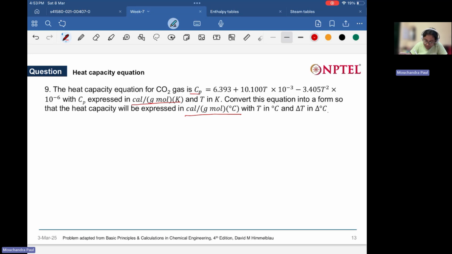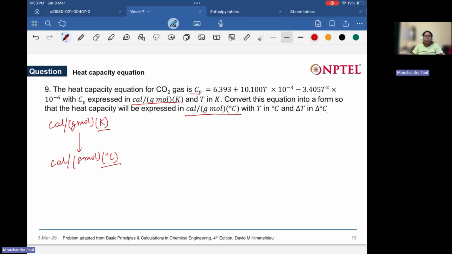So basically what we have to do is convert this expression into the units of calorie per gram mole per degree Celsius.